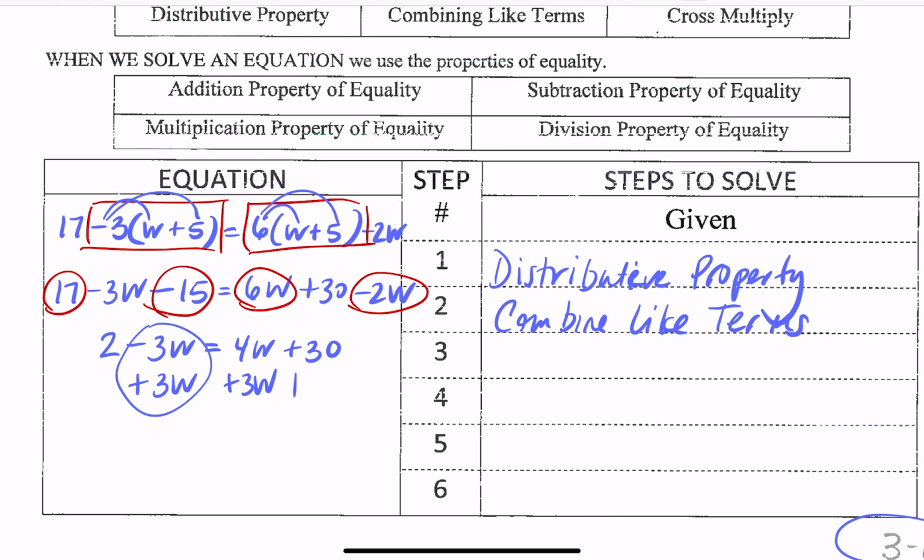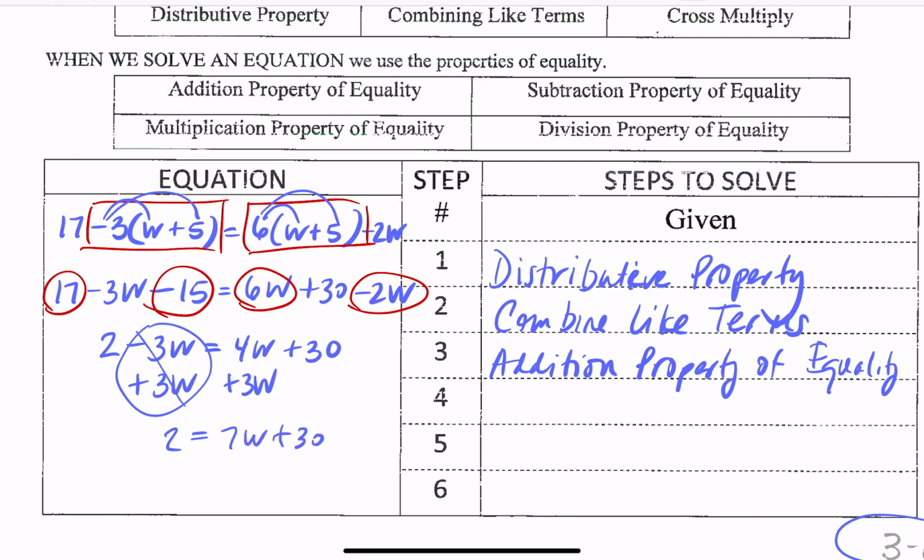So this is the addition property of equality. It doesn't matter if you're adding a number or a term like 3w. I'm adding something to both sides. It's the addition property of equality because I'm keeping the equation balanced by adding the same thing to both sides. So now that becomes 0. I get 2 equals 4 plus 3w is 7w plus 30.